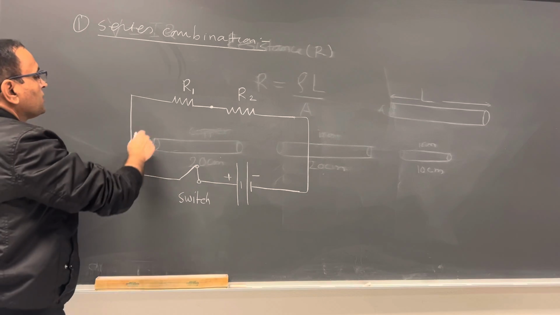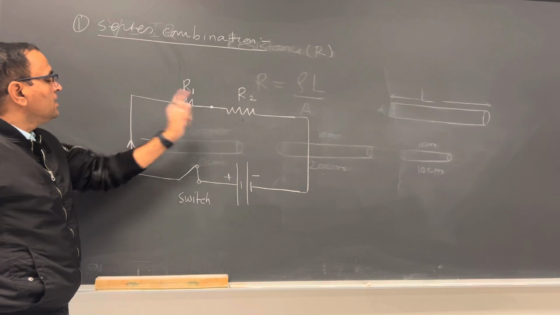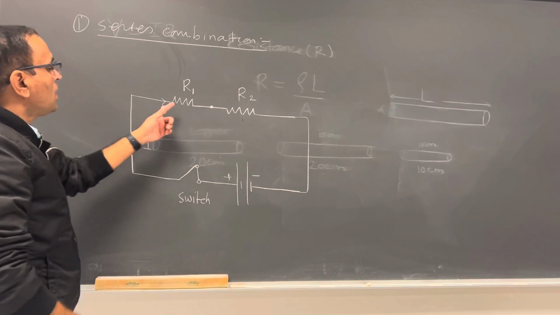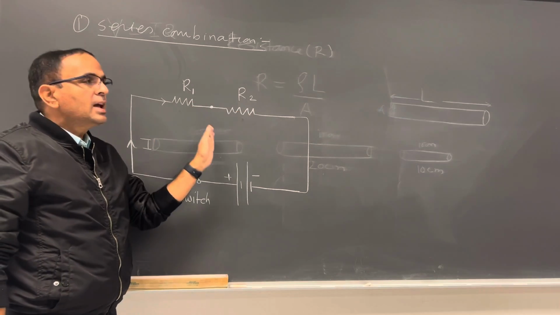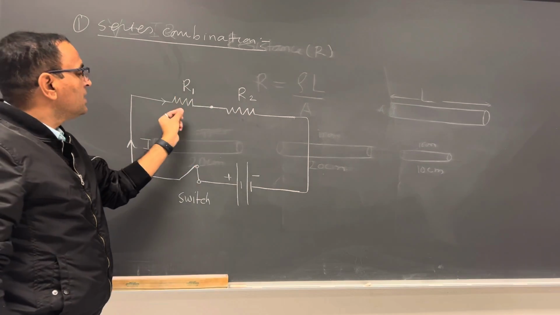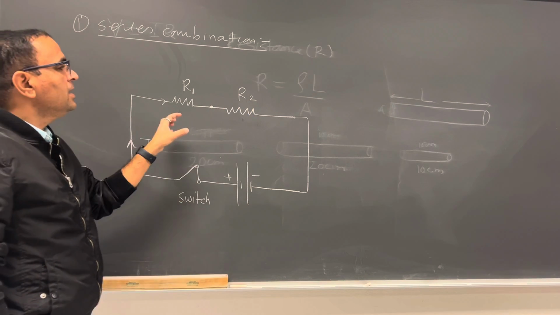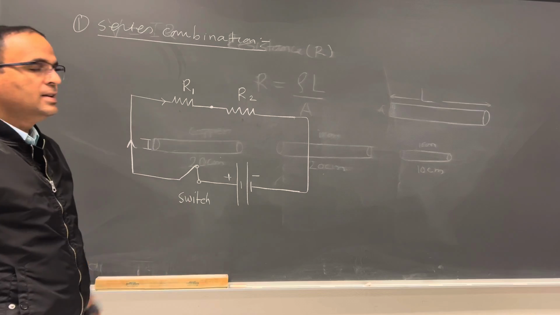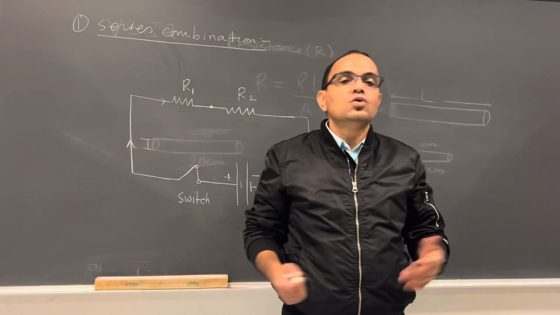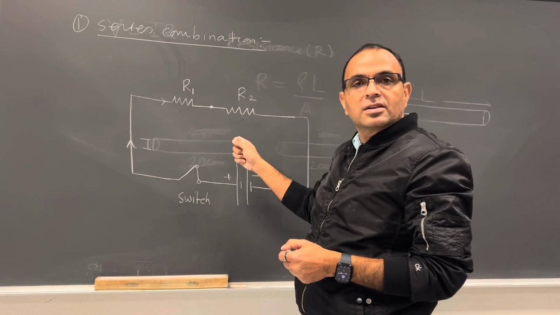Now look at this combination R1 and R2. They are connected here, and this current is passing through R1 and R2. There is no junction here. That means the same current is flowing through each resistor. There is no division of current in this case. If there is no junction, that means there is no division of current, and that combination is called the series combination.